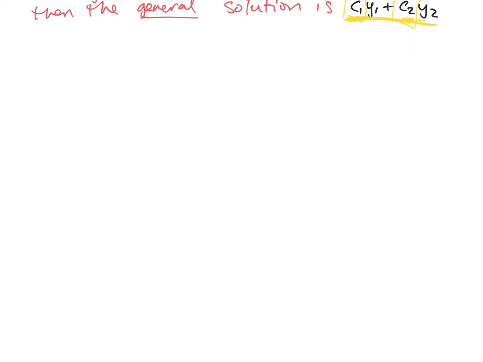So let's think about our equation again. Let's write it out: ay double prime plus by prime plus cy equals f of t. I'm going to write the right-hand side as 0 plus 0 plus f of t.